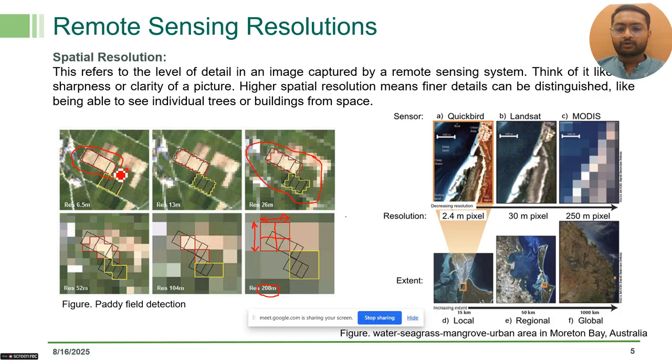So let's say if this smaller dimension is 10 meter, your pixel resolution will be 5 meter or less than 5 meter. So that is a thumb rule which we follow in remote sensing. And if you have a pixel size less than 5, then you can resolve that feature.